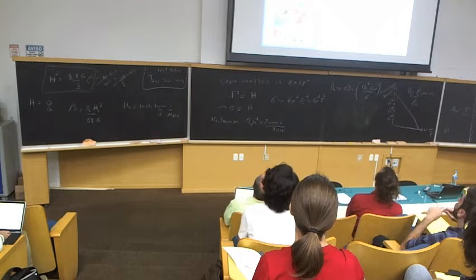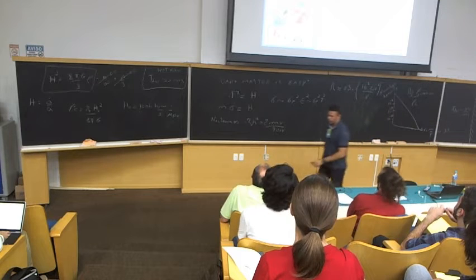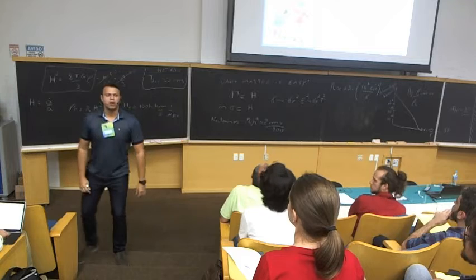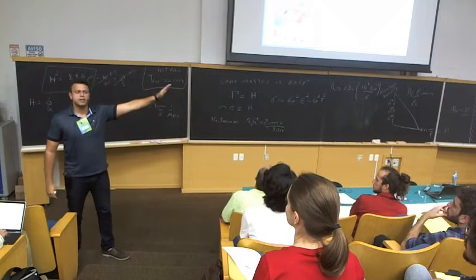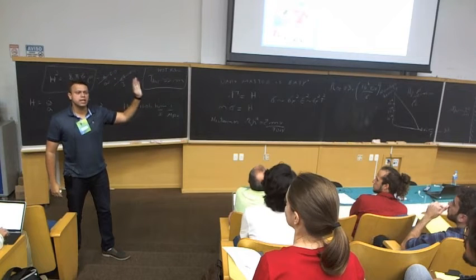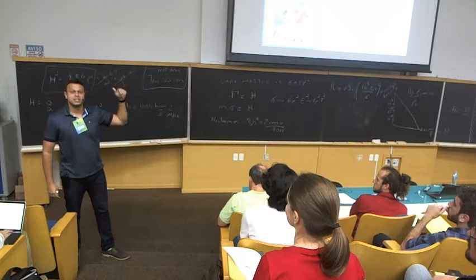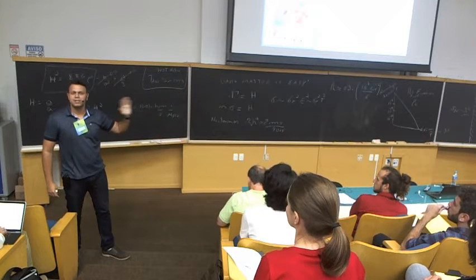You might ask, for people who have studied dark energy models and so on from cosmology: everything I've just said is only valid in the lambda CDM model. If I go beyond the lambda CDM model, it's a nightmare.